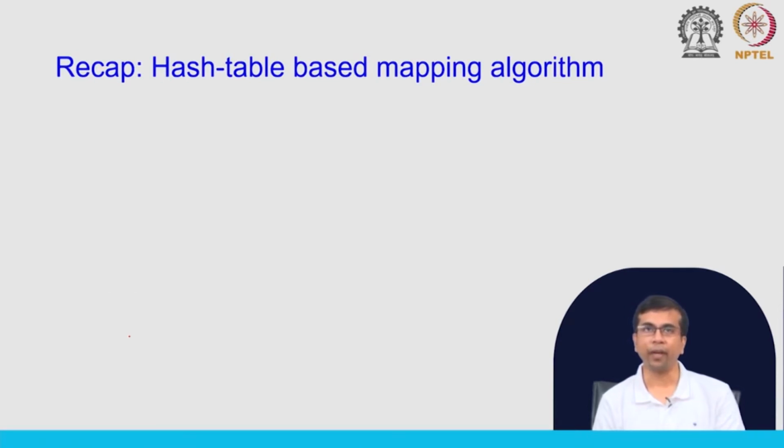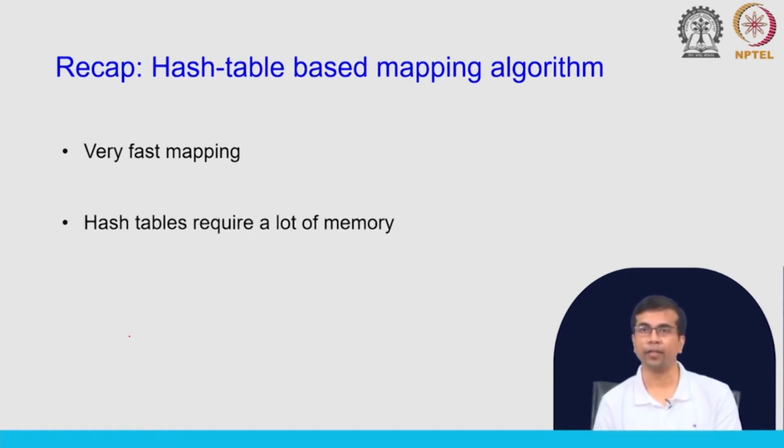So, just to briefly recap, in the last class we talked about hash table based mapping algorithm and we have seen this is a very fast mapping process because we are storing this hash table in the memory and we can search very efficiently. Now, hash tables require a lot of memory, right.